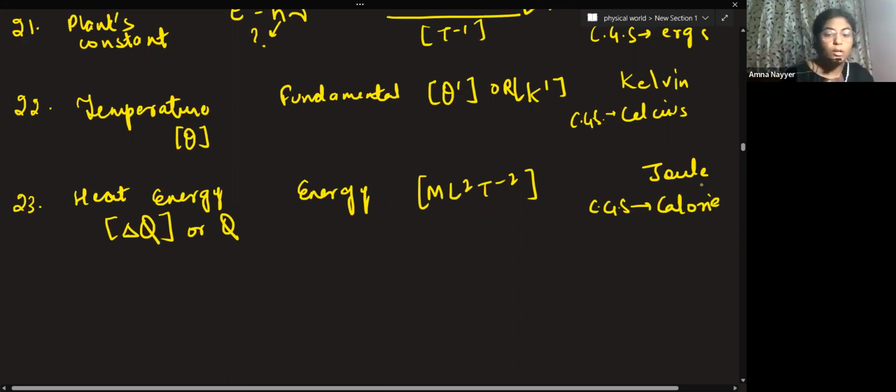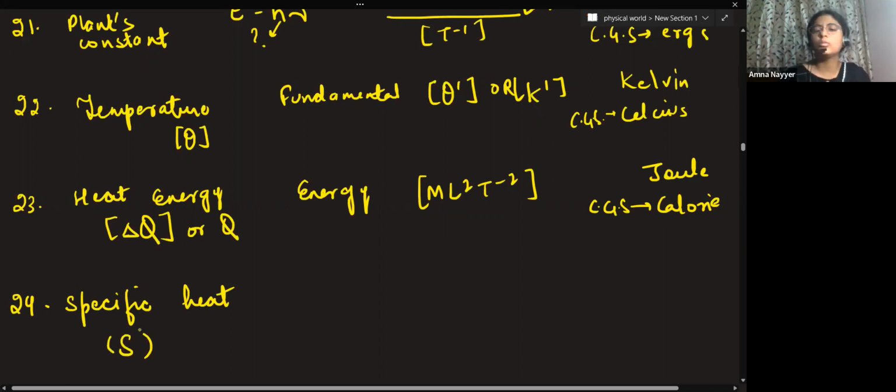Now this quantity you will tell me, the last quantity for today: specific heat. Then we'll move on to questions. Specific heat is represented by the symbol S. What is specific heat? This is a long topic. Just remember the formula: delta Q, the heat energy, is equal to mass multiplied by the specific heat multiplied by the change in temperature.